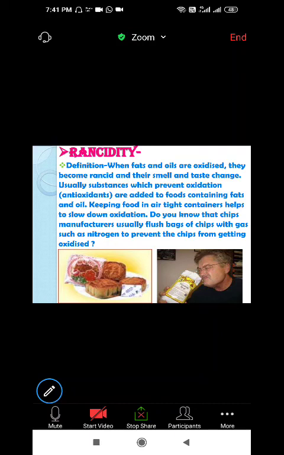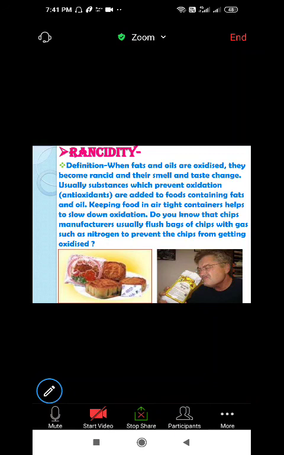See, what we have in the definition: when fats and oils are oxidized, they become rancid. Now, what do we mean by oxidized? When they are left exposed to oxygen or air, they get rancid, and their smell and taste change. Usually, substances which prevent oxidation, that is, antioxidants, are added to food containing fats and oils.